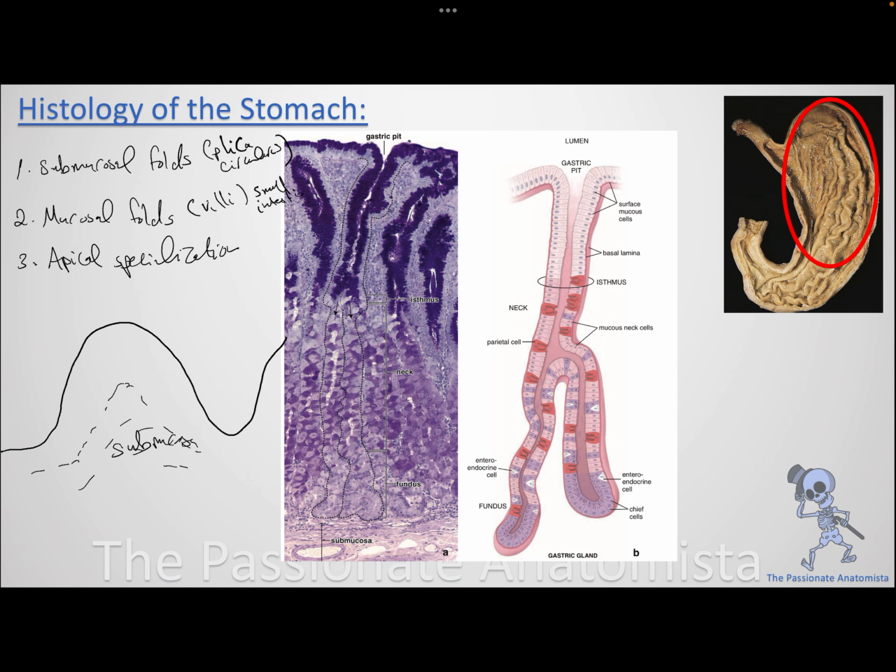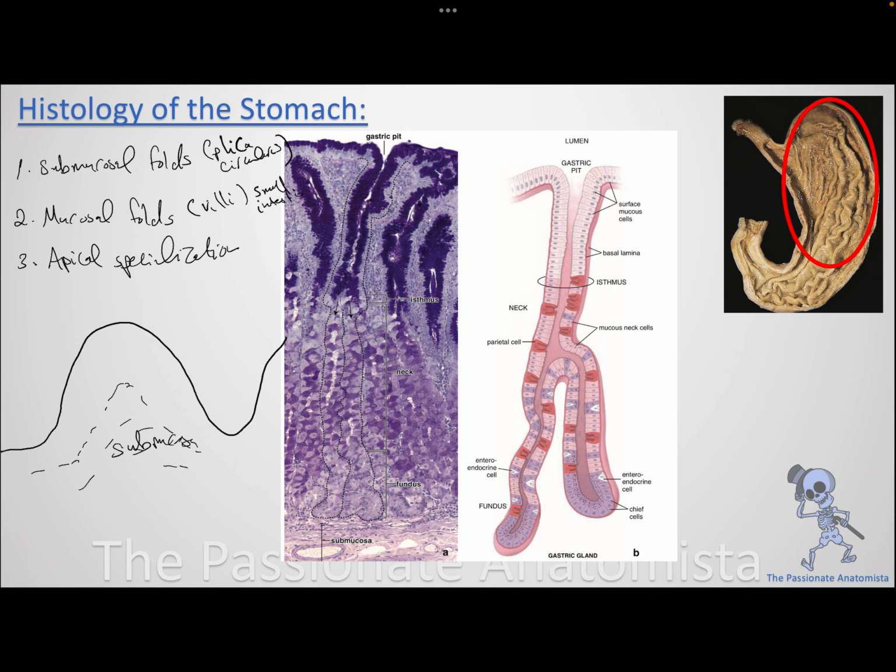If I find a plica circularis, sometimes they call it valves of Kerckring, sometimes they call it intestinal valves. All of these are the submucosal folds. Here in the stomach they call it the rugae. So the rugae are basically the submucosal folds. It means that what is folding here is everything above the submucosa.